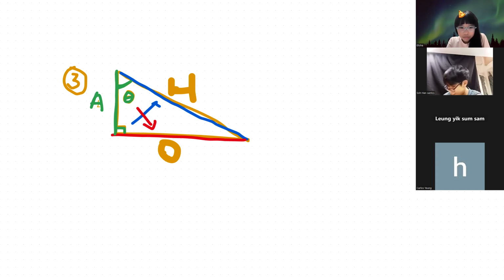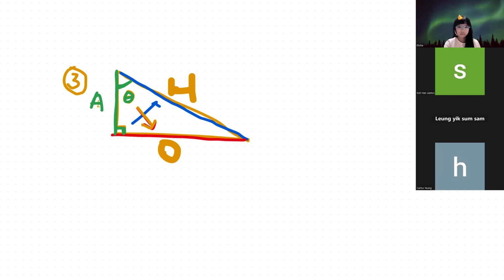Opposite to the theta, you will see your opposite. And opposite to your right angle, you will see your hypotenuse. Write down this tip using English or Chinese. They are the tip for you to identify these three sides.